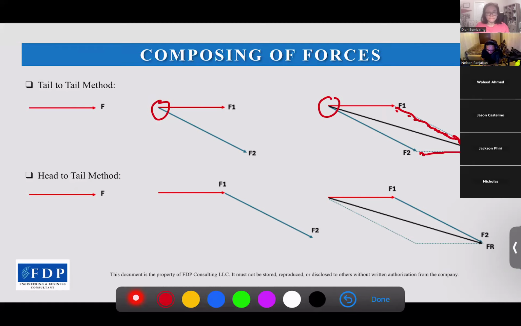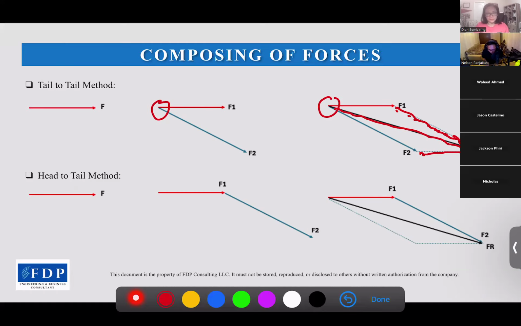The intersection between the imaginary lines is the combined force. So that's the resultant. The second one is head-to-tail, so we combine the head with the tail.